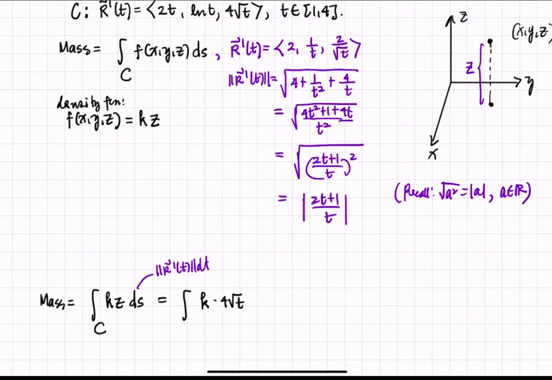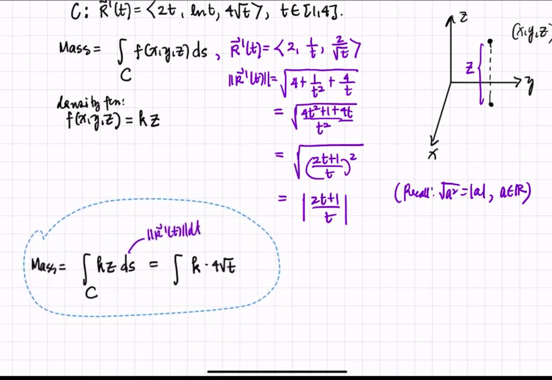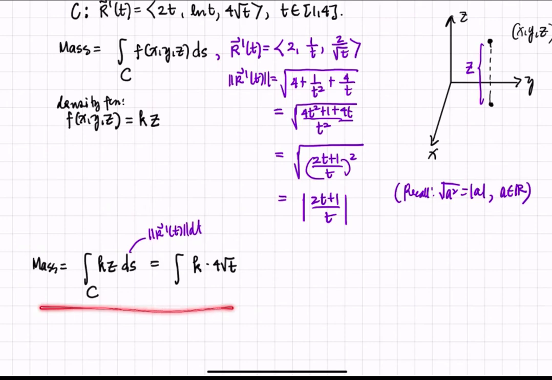Okay. So, balik tayo dito sa mass. Here. So, ang mass mo ay ito kz, ds is magnitude ng r prime, which is this. Dt.